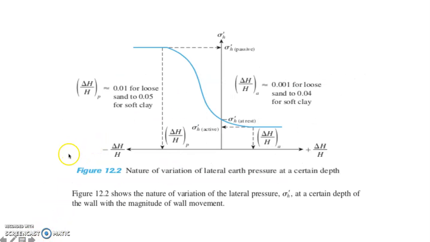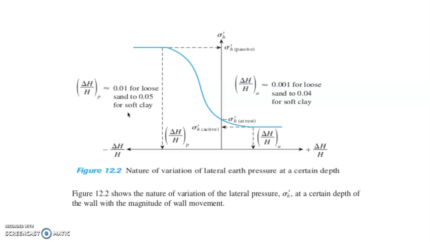So this is a figure showing us the nature of variation of lateral earth pressure at a certain depth. We have the different variations of the lateral earth pressure at a specific depth identified. This figure shows the nature of variation of the lateral earth pressure at a certain depth of the wall with the magnitude of wall movement.